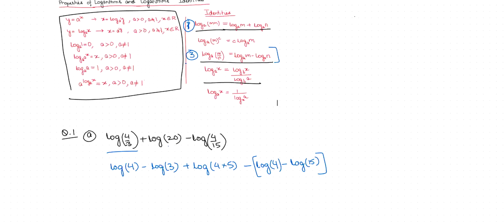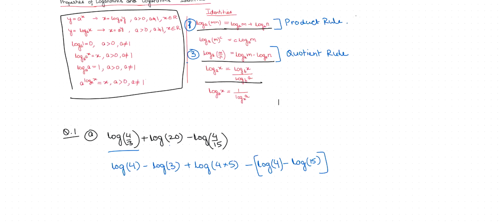So here we have used property 1. We used the quotient rule here, and in here we also used the quotient rule. And this 20 we write as 4 times 5.